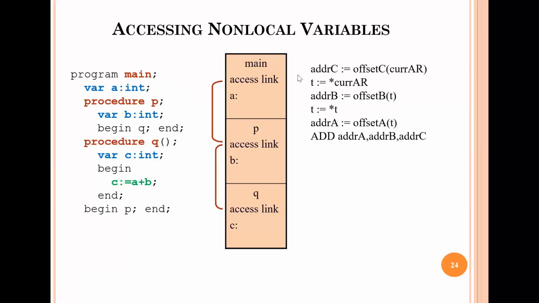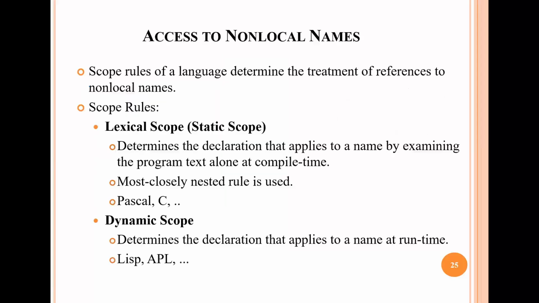How do we access the non-local parameters or variables? I told you that the access link is the point which will link one procedure to another if there is a call to some non-local variable. Access to non-local names can also be there, not only to variables but also to names. The scope rules of a language determine the treatment of references to non-local names.